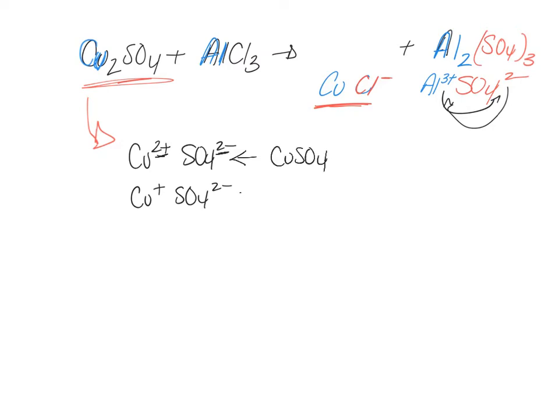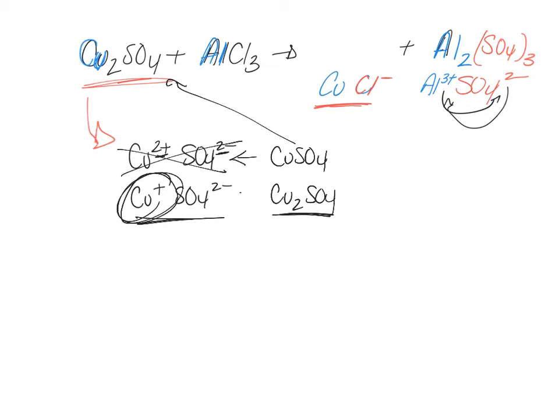So you would get CuSO4, which does not match that formula that I have there, right? So that means that it can't be copper 2. But if I had copper 1, I would actually get this formula that was there. So that means that it is copper 1, which means that this one also has to be copper 1. So that when they go together, you get this.